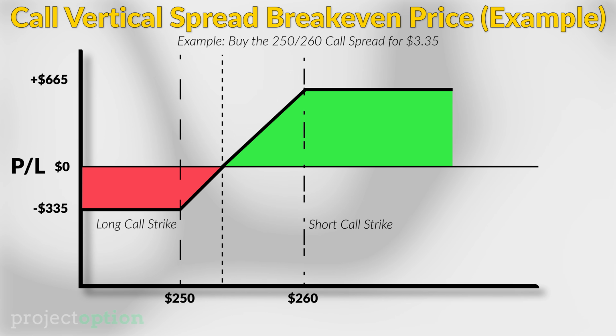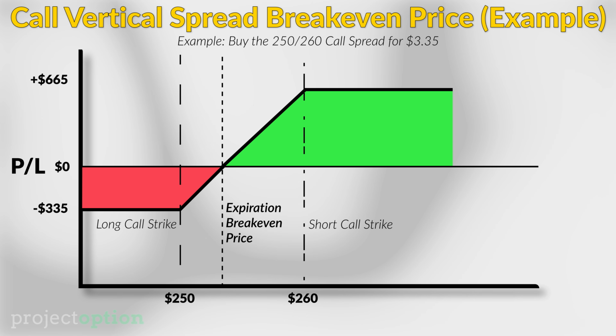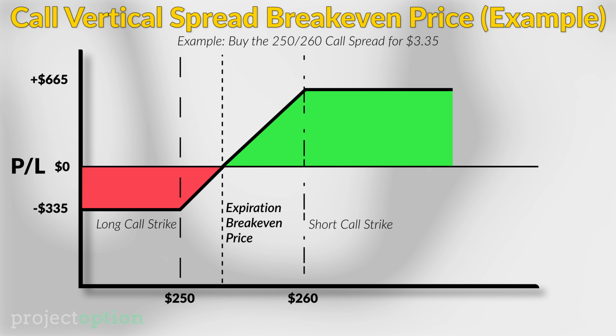Now let's say I buy this call spread for a total cost of $3.35. So basically, the price that I pay for the 250 call and the amount that I receive for the 260 call comes out to a net entry price of $3.35. In this scenario, what would be my break-even price?